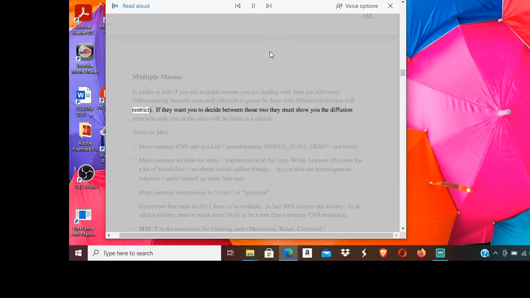Infection will restrict. If they want you to decide between those two, they must show you the diffusion, otherwise only one or the other will be listed as a choice.